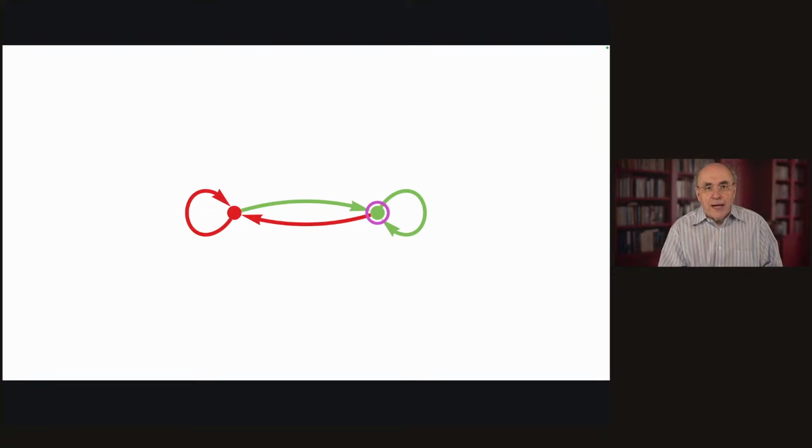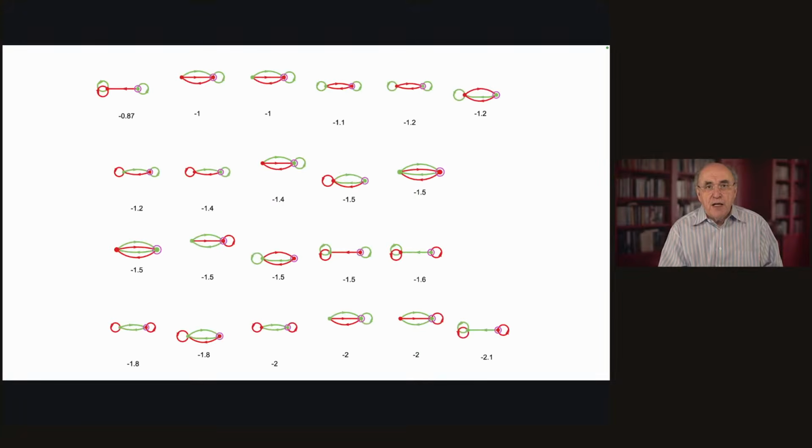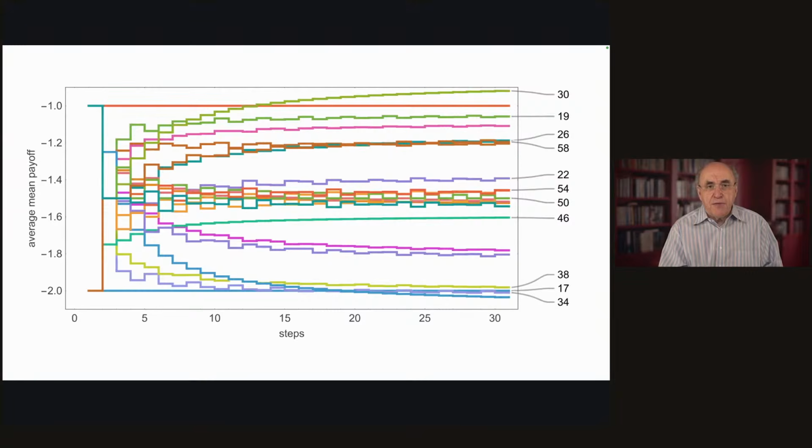So the rankings that we are showing here are based on average mean payoffs obtained after many iterations of the prisoner's dilemma game. But if we do only a few iterations, the rankings can be different. So here's the rankings of different machines as a function of the number of steps over which the average is taken to figure out who's the winner.